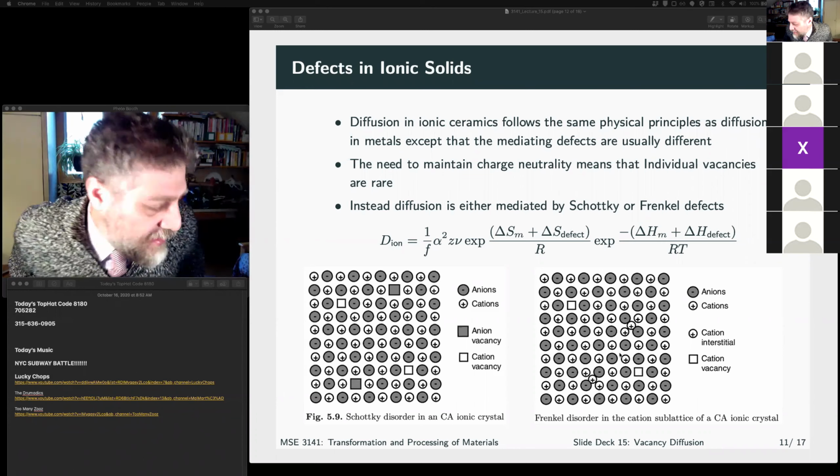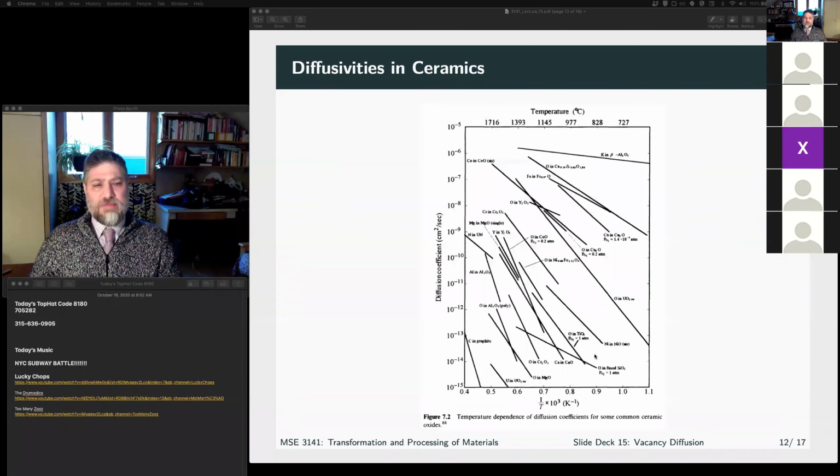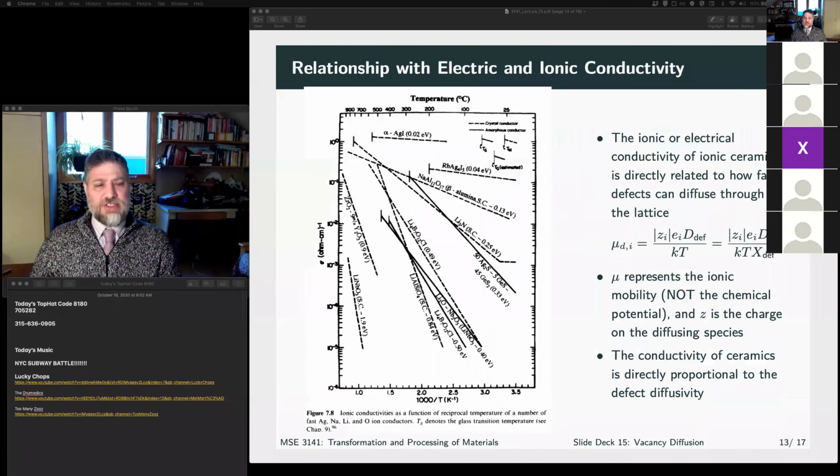And talking about that in great detail is beyond what we want to do here. But what's important to realize is that the diffusivity of the ions is directly related to the ionic conductivity, right? Of these mobilities, right?